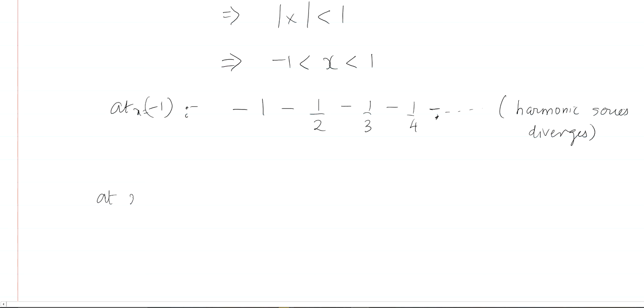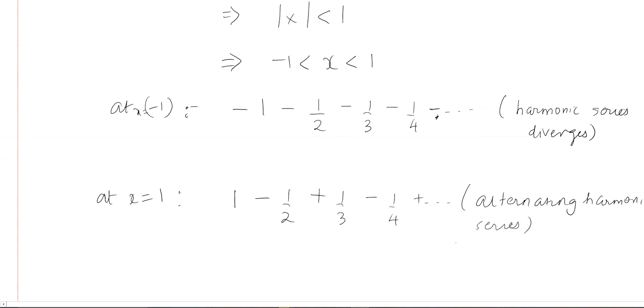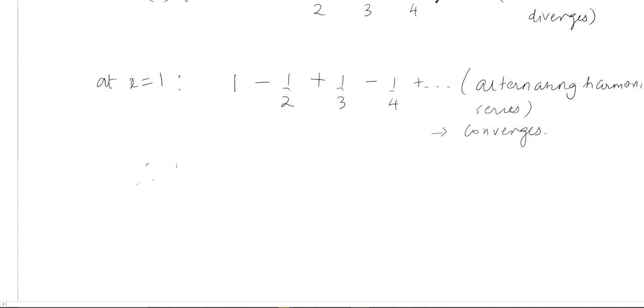On the other hand, at x equal to plus 1, we end up with 1 minus 1 half plus 1/3 minus 1/4 and so on, which is the alternating harmonic series, which we know converges. So therefore our interval of convergence is minus 1 less than x less than or equal to 1.